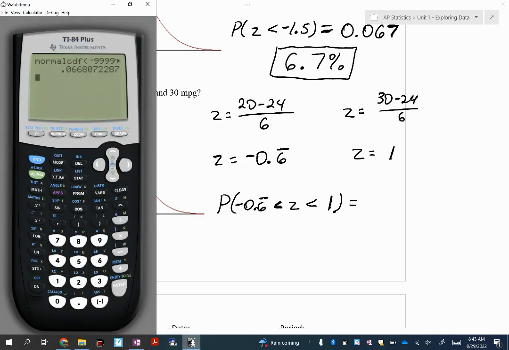So this time, same exact button pushing, second VARS, which is distribution. Number 2, normal CDF. But my lower bound is actually a z-score, negative 0.6 repeating. So I just do a handful of 6s. The upper value is a positive 1. And now I just hit enter to see what we get.